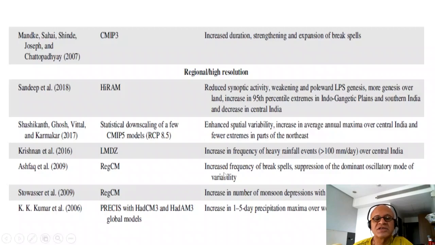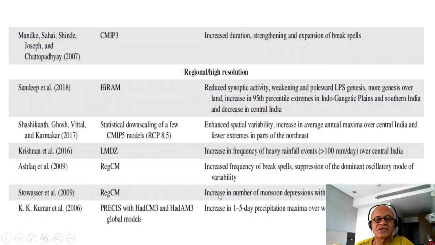Okay, RED-CM is a popular regional climate model. Projects increased frequency of break spells, suppression of the dominant oscillatory mode of variability. Okay, look up the details. Another study, so the 2015 paper we kept looking at for biases is by Ashfaq et al.